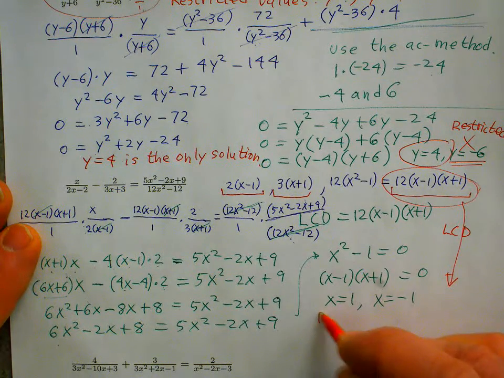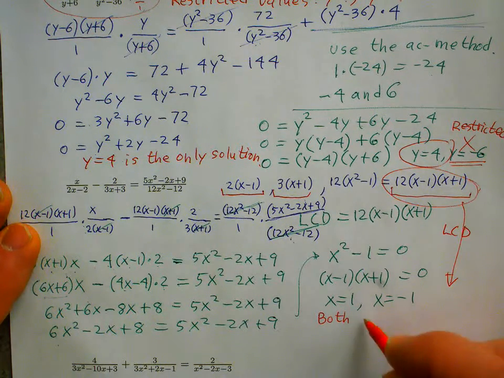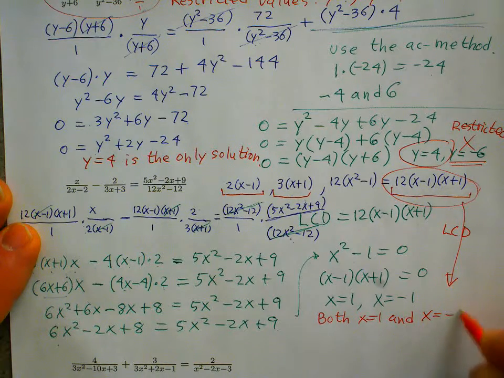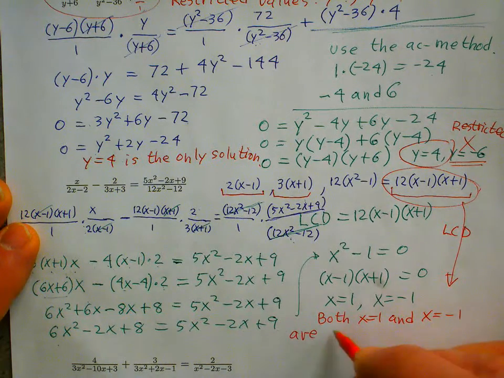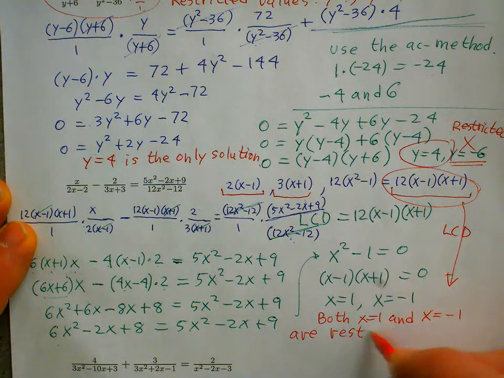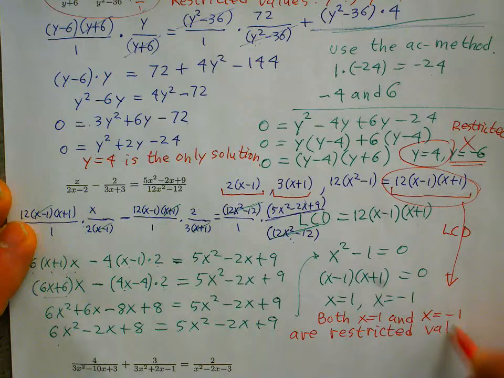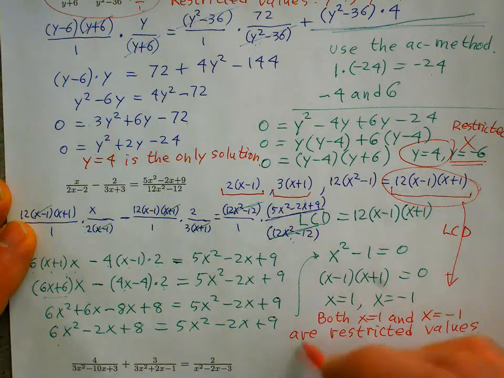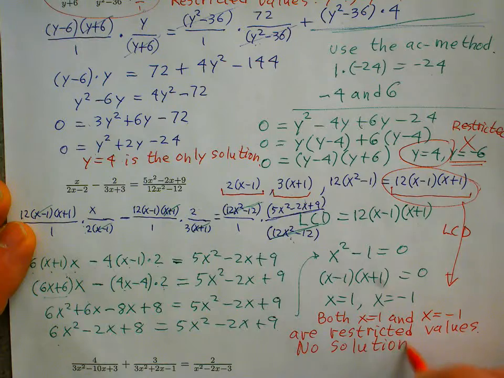So both x equals 1 and x equals -1 are restricted values. So that equation has no solution. No solution.